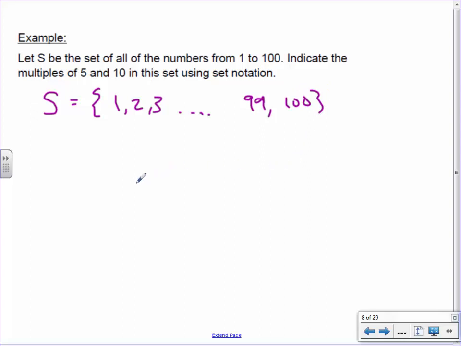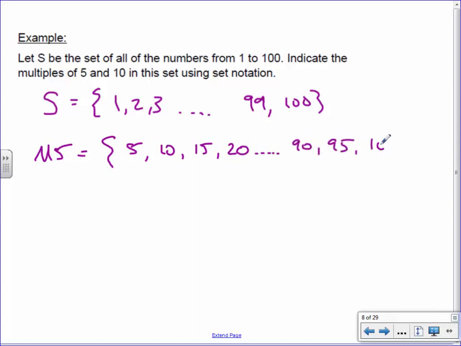If I were to ask you to write out the multiples of 5, you could write something like 5, 10, 15, 20, and then on the other side, 90, 95, 100. Those are all the multiples of 5.